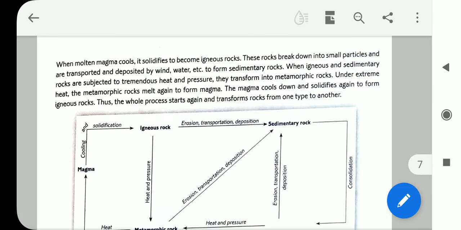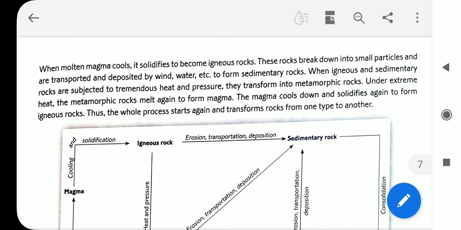Molten magma cools. It solidifies to become igneous rocks. These rocks break down into small particles and are transported and deposited by wind, water, etc. to form sedimentary rocks. When igneous and sedimentary rocks are subjected to tremendous heat and pressure, they transform into metamorphic rocks.